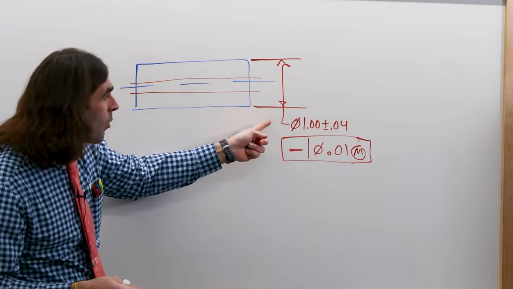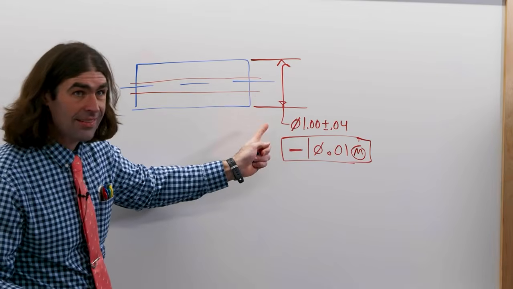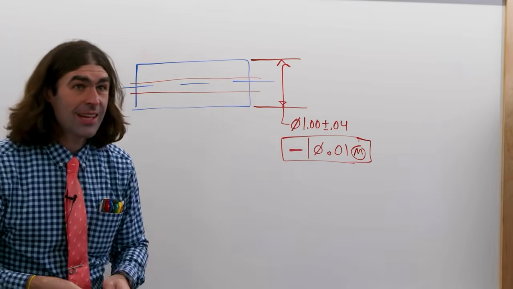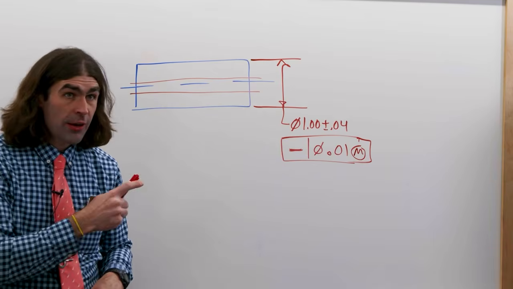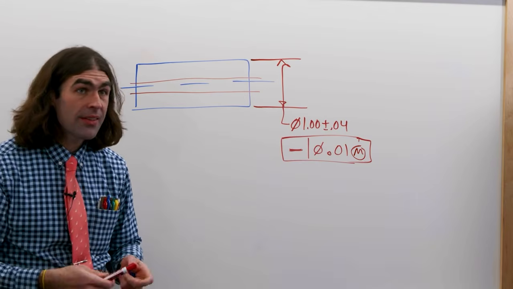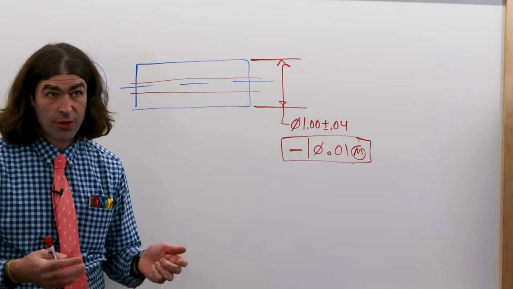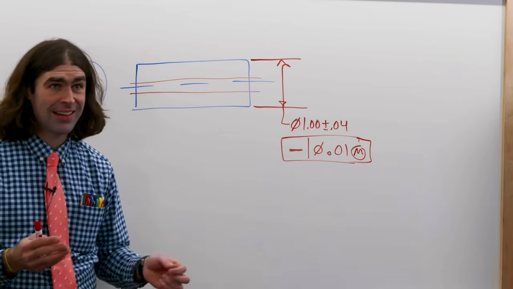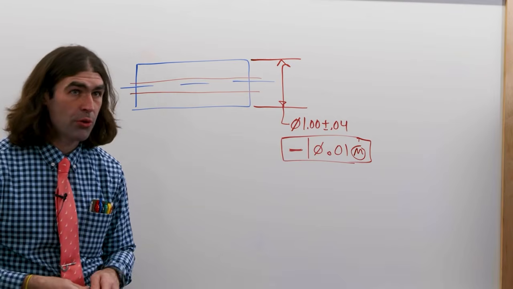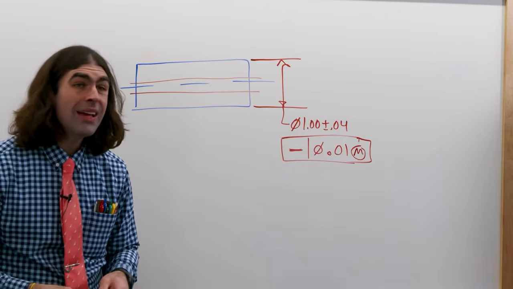It can take up 1.06, right? So it violates MMC. I have a whole other video where I go into a little bit more detail about this, and I'll put a card up here so you can watch that if you're interested in the difference between a derived median line and an axis. We'll just go ahead and move on for now for this video.